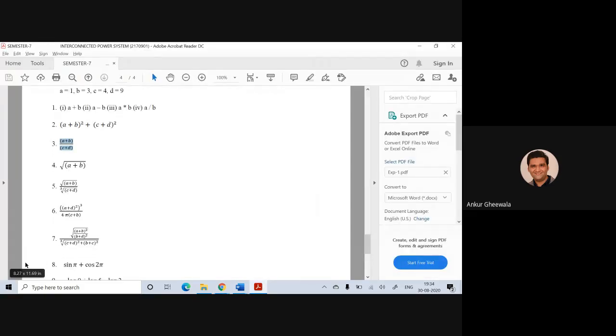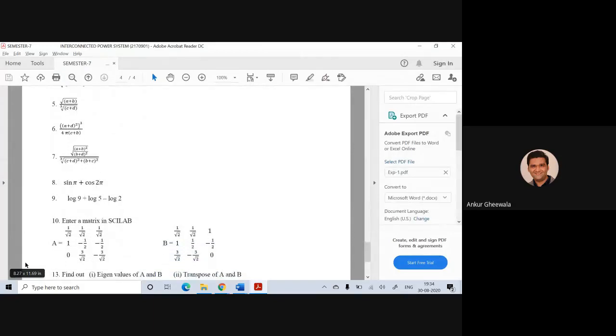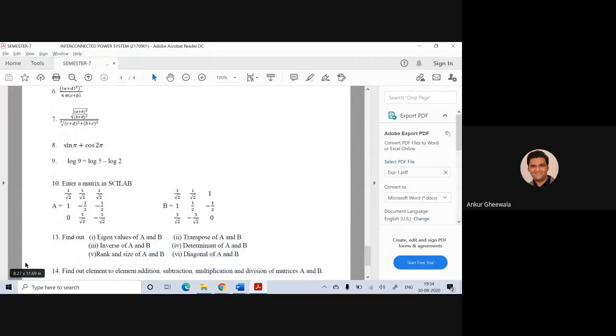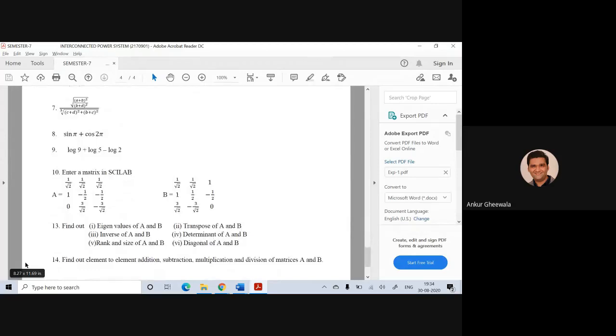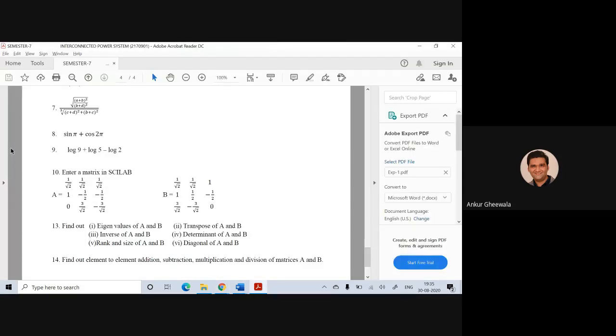Now I'm going directly to question number 8. The rest of all you have to practice. Now question number 8, sine pi plus cos 2 pi. So let's check this value. Instead of trigonometric, now I will use the value sine pi plus cos 2 pi.